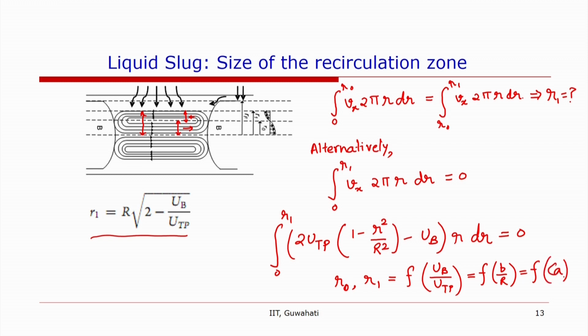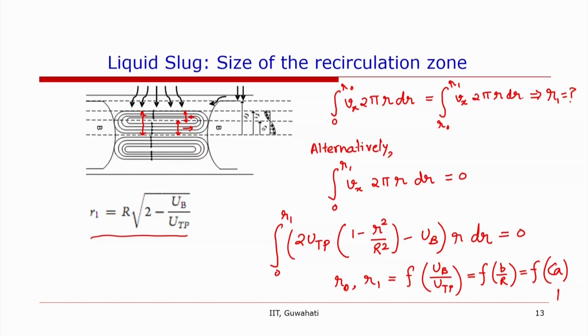So you can say that the size of the recirculation zone also depends on the capillary number, which is mu U over sigma. So if the liquid is viscous, it means viscosity is high, then one might have a lower size of the recirculations.